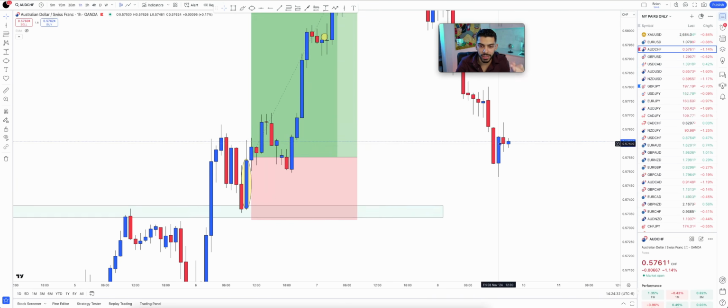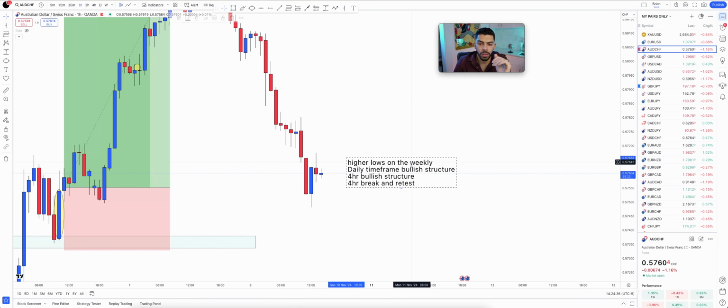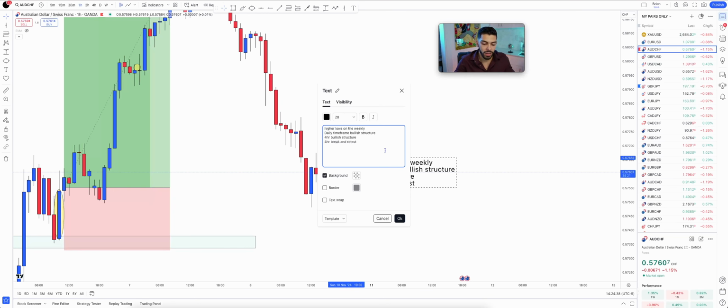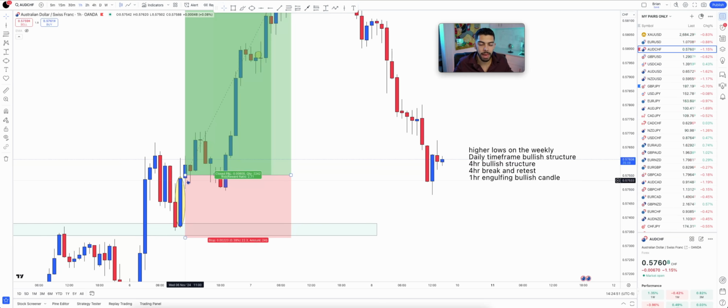If you see this, take the trade. Don't even hesitate. So we're gonna go ahead and write down on our list of confluences: 1 hour engulfing bullish candle. That's what basically sealed the deal for me. And shortly after that bullish engulfing candlestick, I entered the trade.